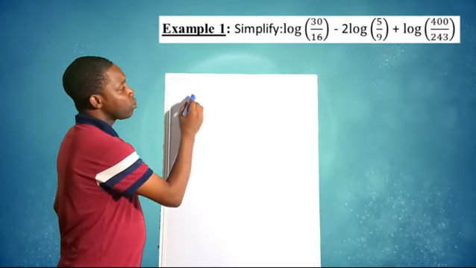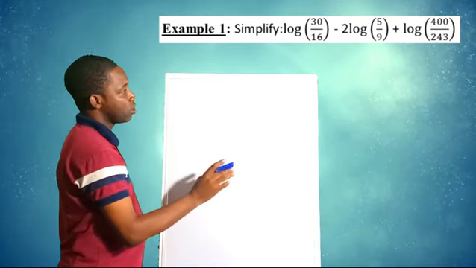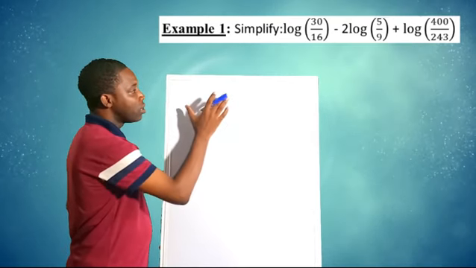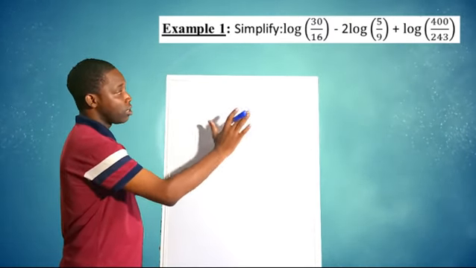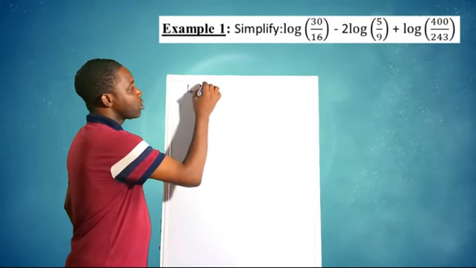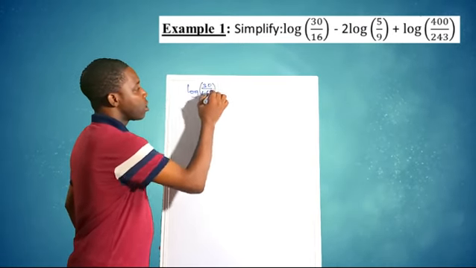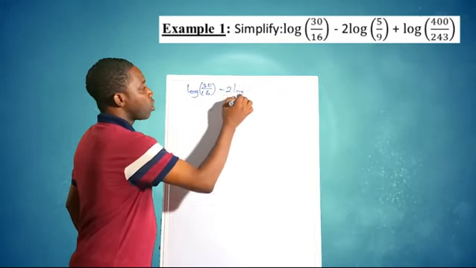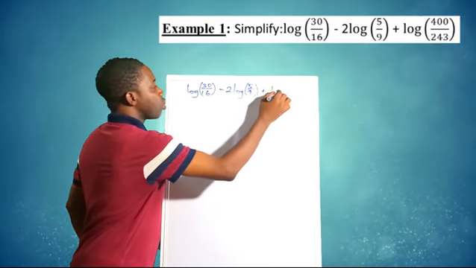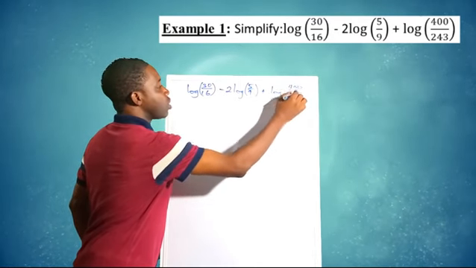In this example, these bases are not specified. Remember I told you that when we have no specific base, the logarithm is to base 10, the natural base. So we can have our log 30 over 16 minus 2 log 5 over 9 plus log 400 over 243.